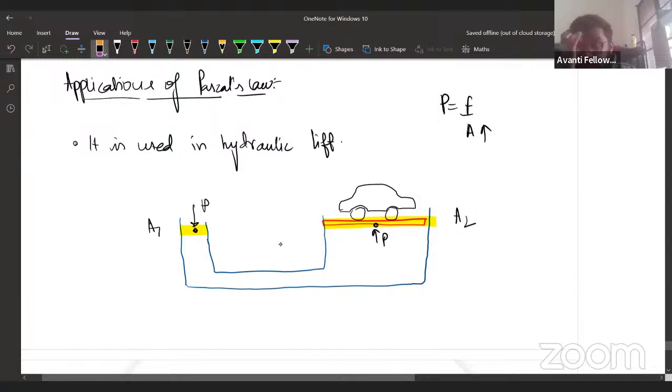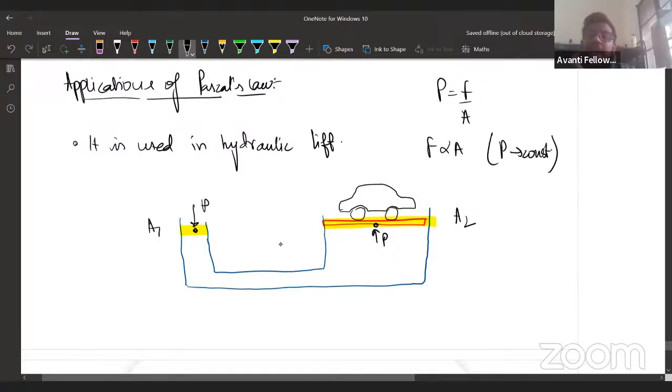If pressure is constant, P is equal to F by A, so can I say force is directly proportional to area? If I increase the area, the force exerted will be more. Since the area here is very small, I have to apply a certain amount of force, and since the area here becomes very big, more force will be applied here. So applying less force in this direction will lift the car up.